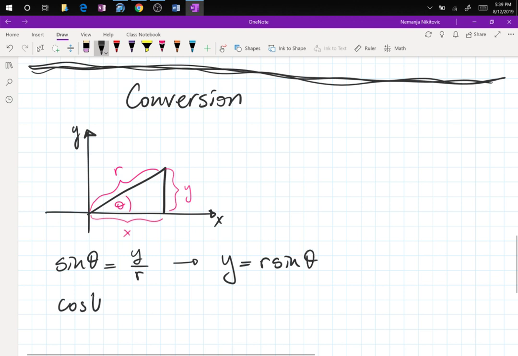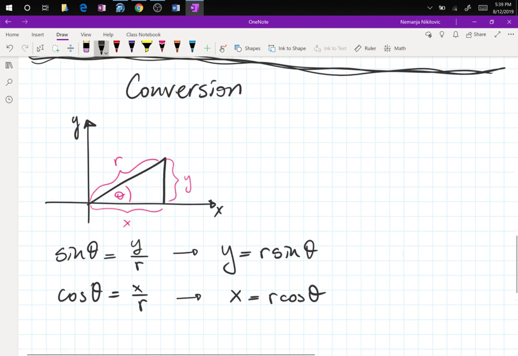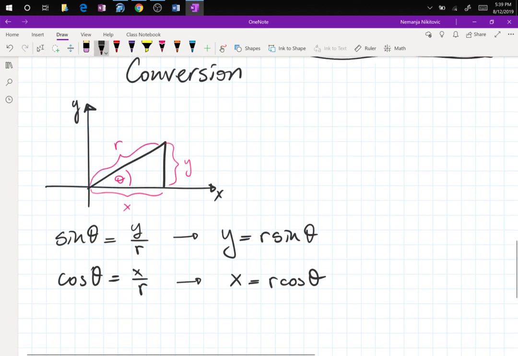Cosine theta is x over r, from where you can come up with the equation that x is equal to r cosine theta. So now let's use a little bit of common sense over here. Do you see how r and theta are given, and you are coming up with x and y one at a time? This particular conversion is polar to rectangular.